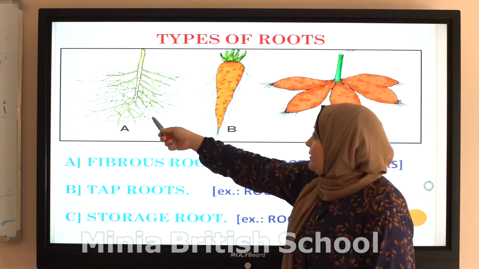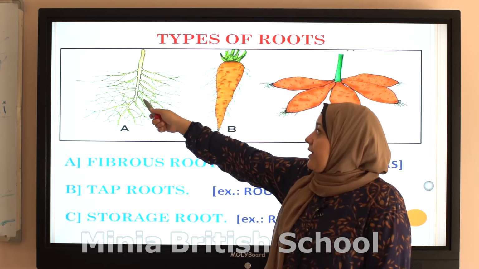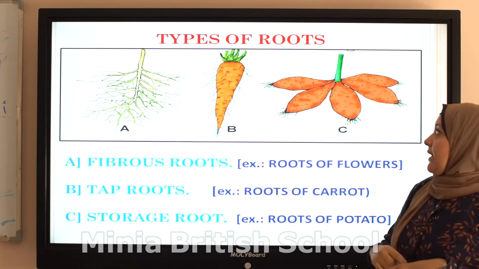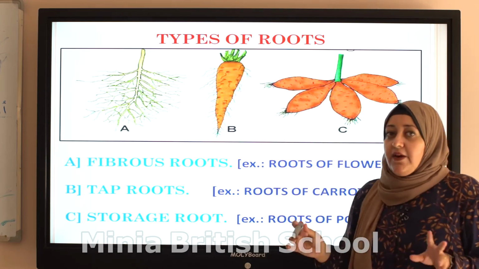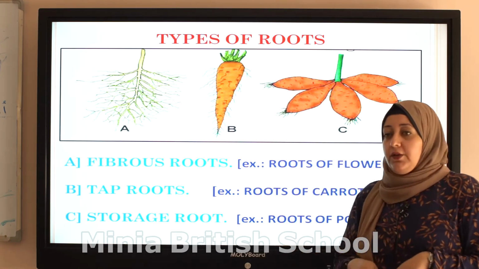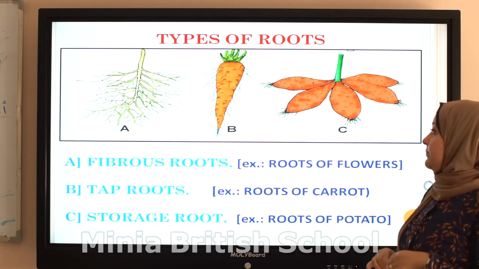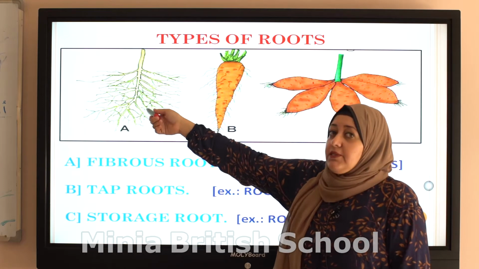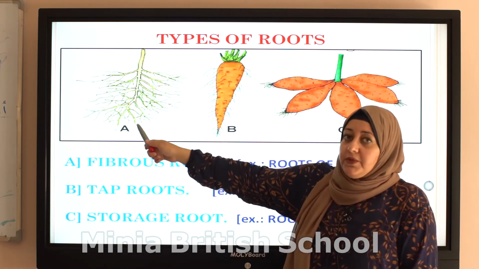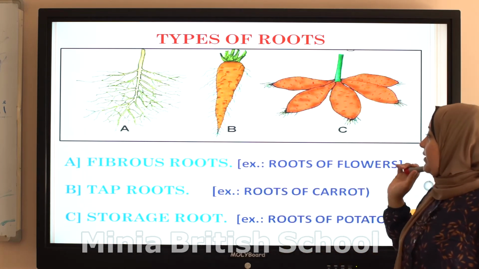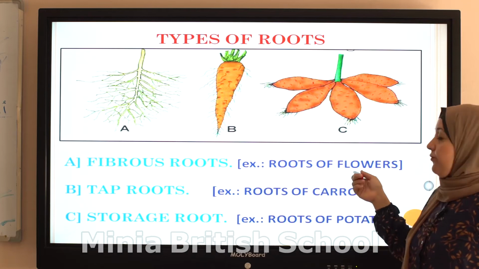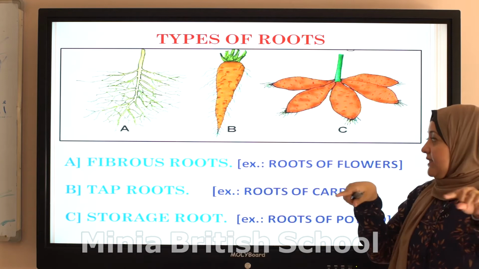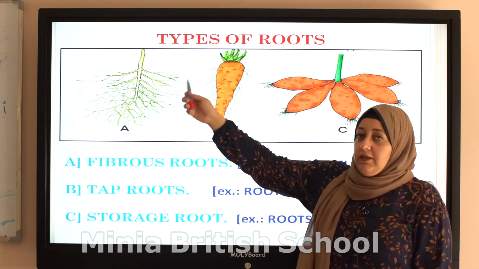Okay? Number one, we have this type which is called fibrous roots. And we said types means the shapes of roots, okay? Different shapes of roots. So we have plants which have fibrous roots, like what? The roots of flowers. If you take any flower from the soil, you will see these roots, okay?